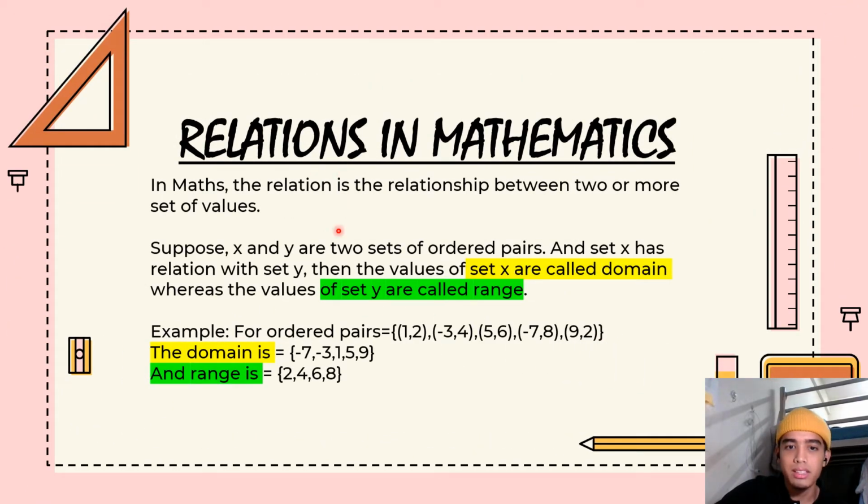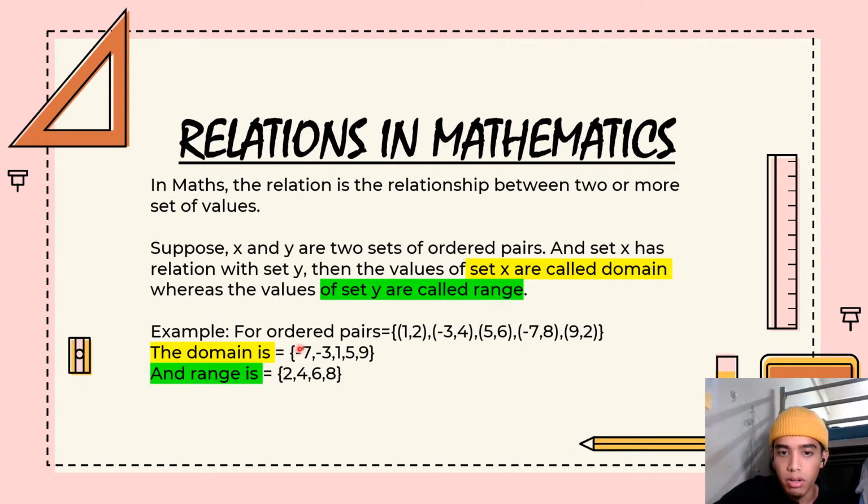Relations in mathematics. In math, a relation is the relationship between two or more set values. Suppose X and Y are two sets of ordered pairs, meaning there is a pair, and set X has a relation with set Y. Then the values of set X are called the domain, whereas the values of set Y are called the range.